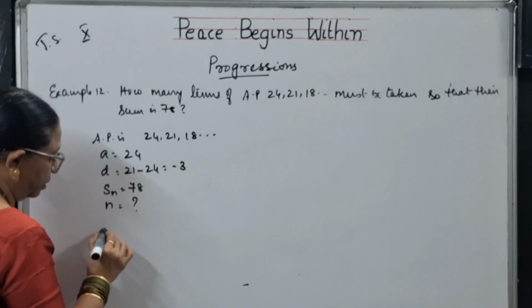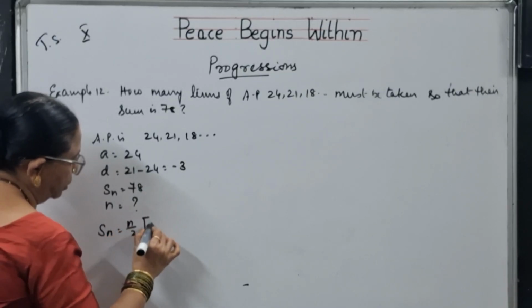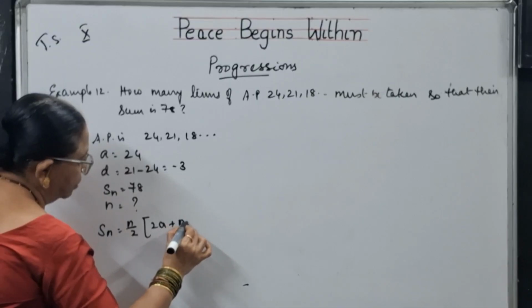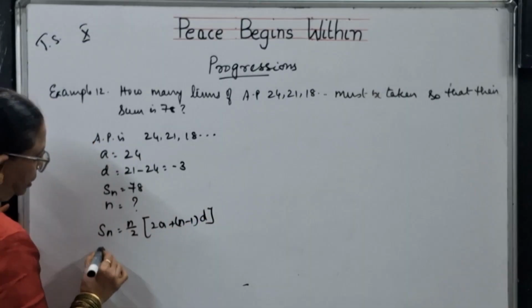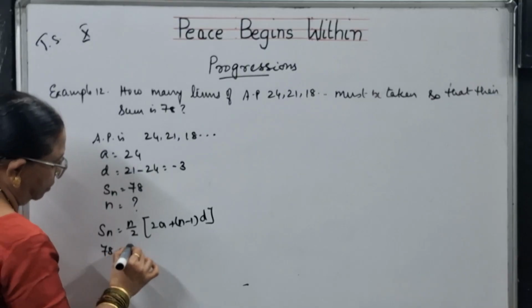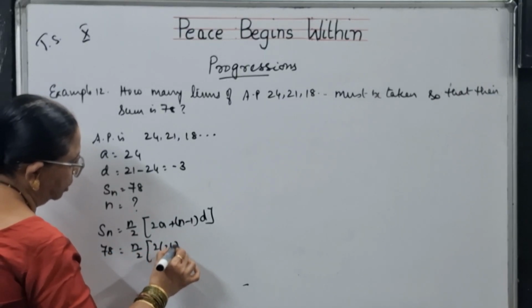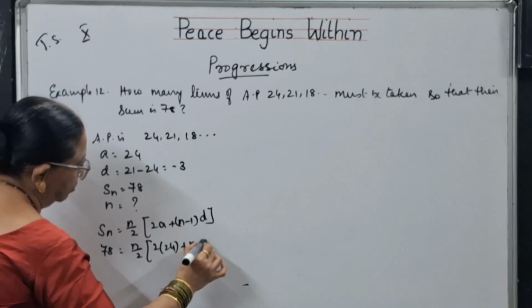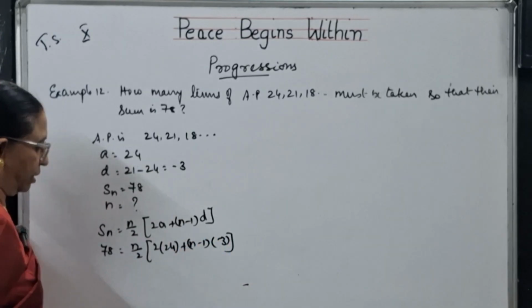So we know that the sum to n terms is equal to n by 2 into 2a plus n minus 1 into d. The sum to n terms, 78, is equal to n by 2 into 2 into 24 plus n minus 1 into d, which is minus 3.